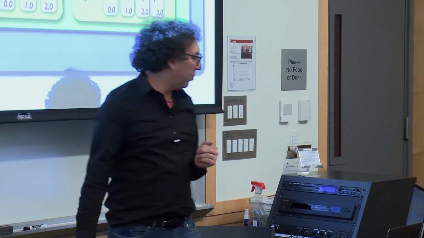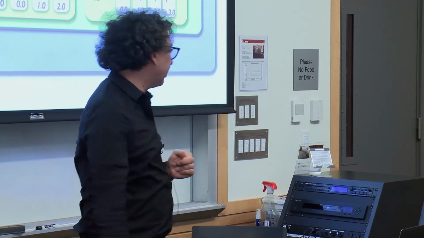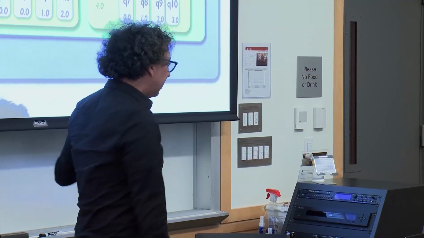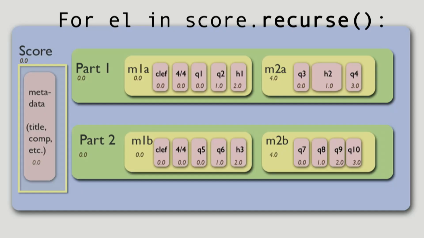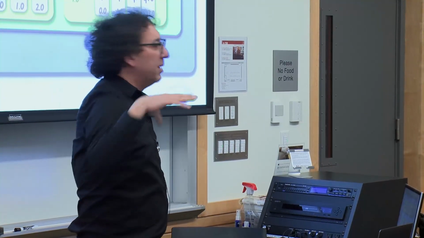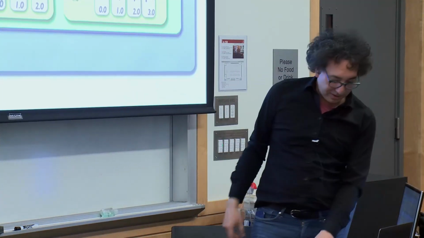The more powerful way to do this is something called the recurse method. What this does is it goes through the first thing, and if there's anything inside the metadata, which there isn't, it's not a container, it would go into it. Then part 1 is a container class. All containers are called streams, but the general term in computational music theory is the container.